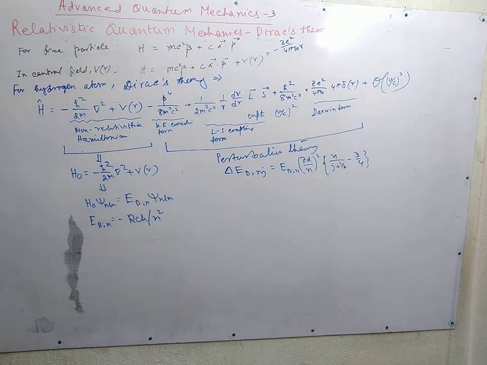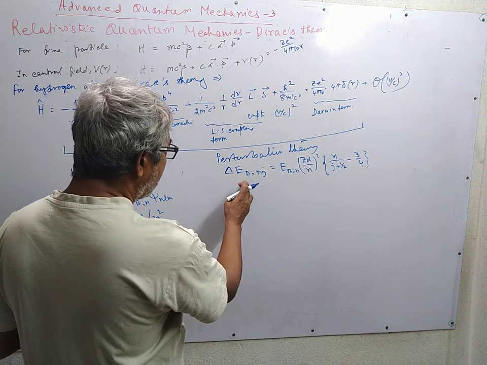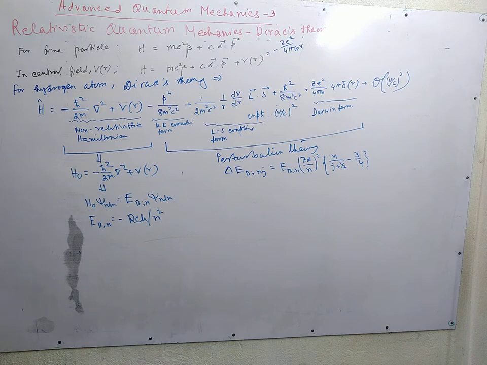If we add this with this, we get the energy of an electron as per Dirac's theory, which is correct up to order v square by c square.